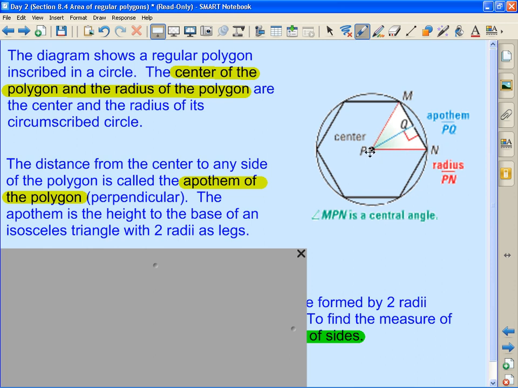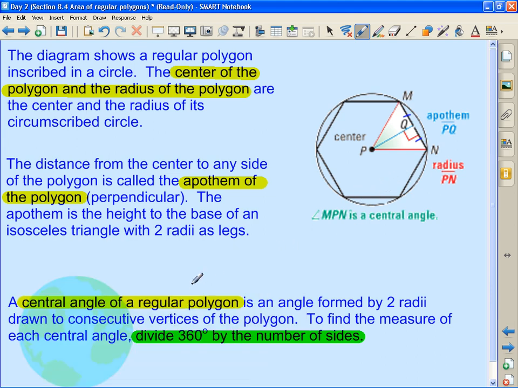It is perpendicular to the side. It will always cut the side in half, so these two pieces are the same. We're going to use all of this information to help us find the area of the polygon.